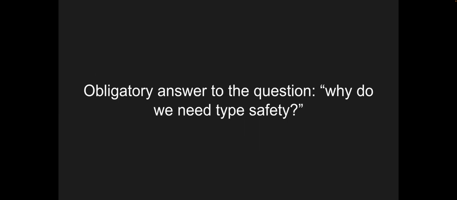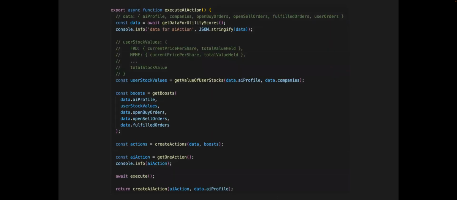So I think it's always necessary to answer the question, why do you need type safety, in a conversation about TypeScript, particularly for those of you who might not work with it so much these days. And so I want to use an example from my own coding experience. This is some code that I wrote 2 or more years ago.